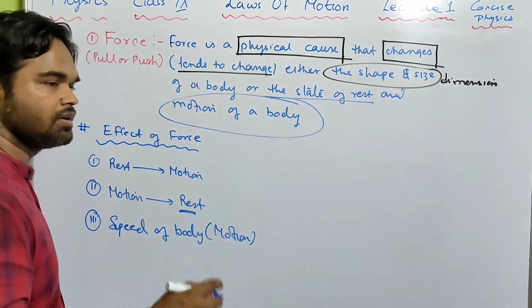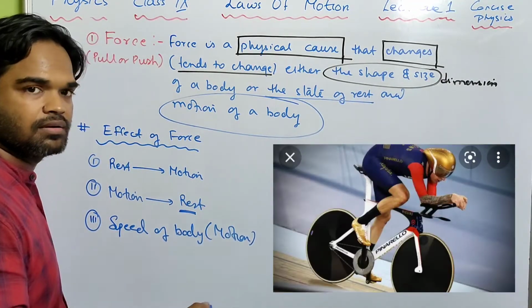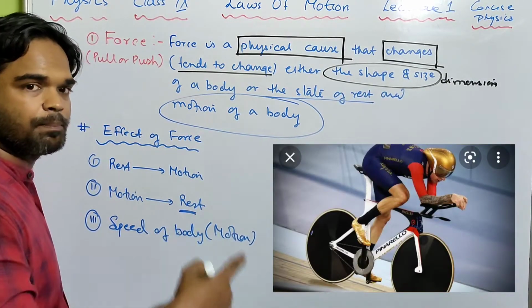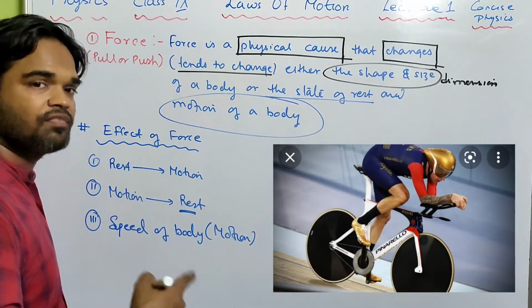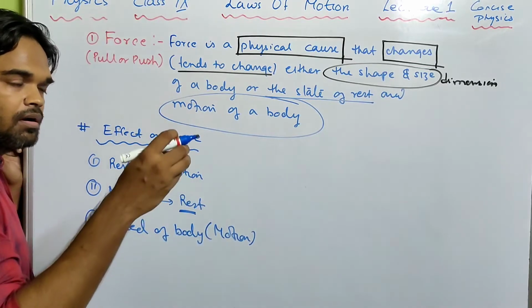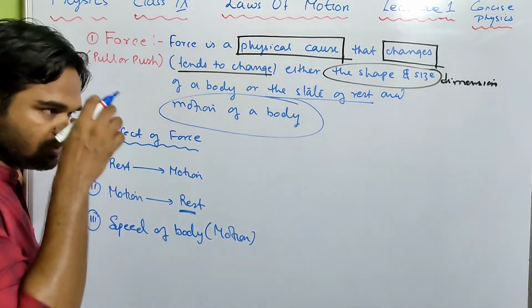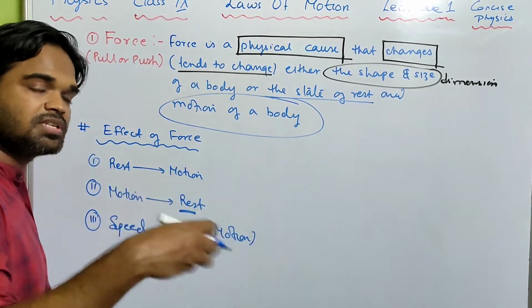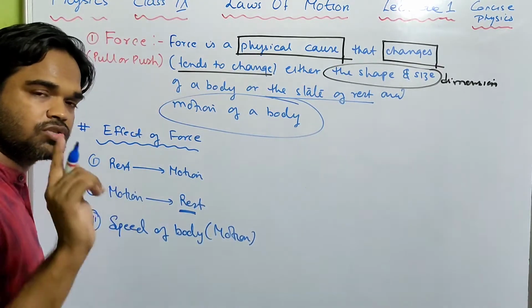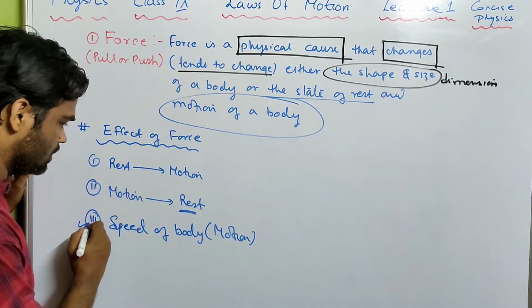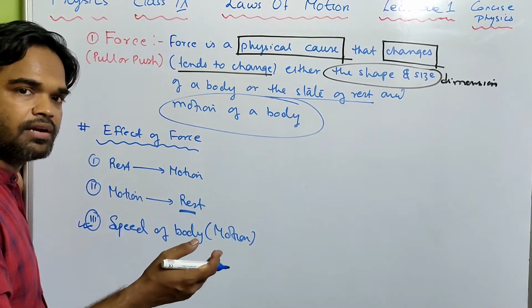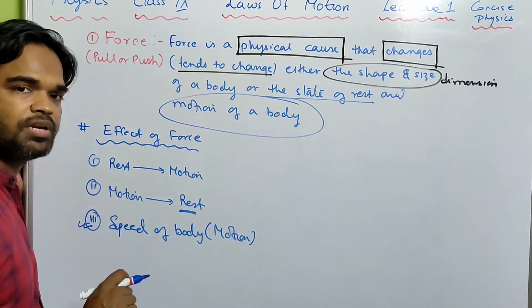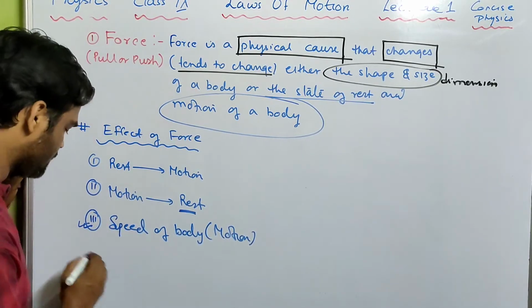You must have seen, if you drive a cycle, by applying force on the pedal, if you increase the force, you can change the speed of the cycle. A freely falling body, you see, the speed continuously increases due to Earth's pull. There the speed of the body is changed. In football, cricket, hockey, you can change the speed of the ball, isn't it?